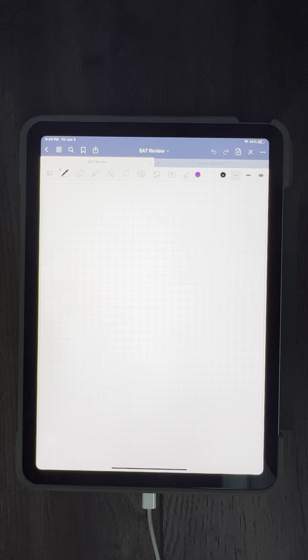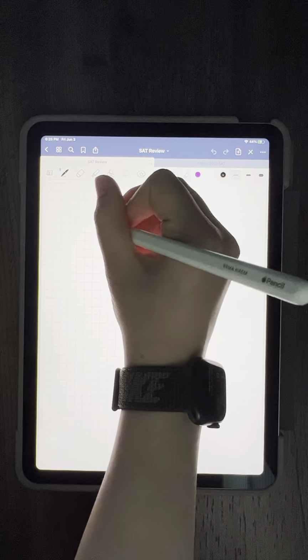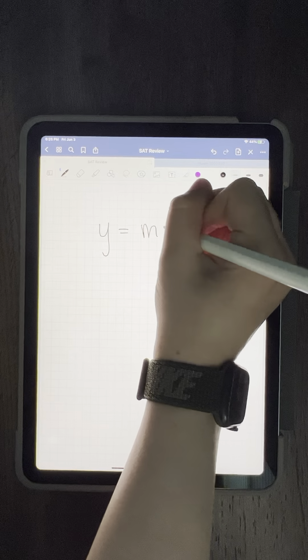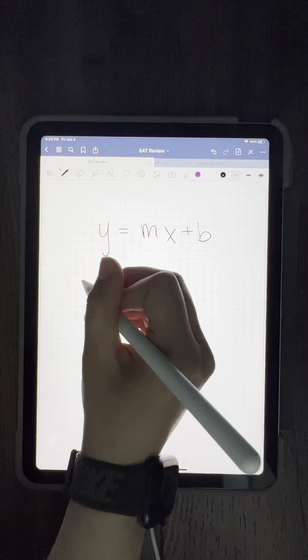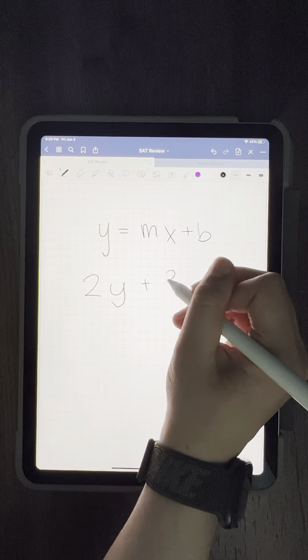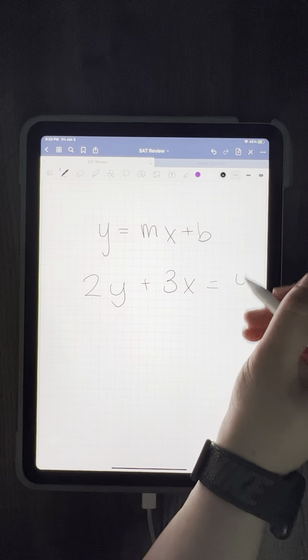It's just algebra and equations, inequalities, functions, and graphs, right? You need to be very familiar with y equals mx plus b. A lot of the questions aren't going to have the x or b laid out for you, but it might be like 2y plus 3x equals 4, right?